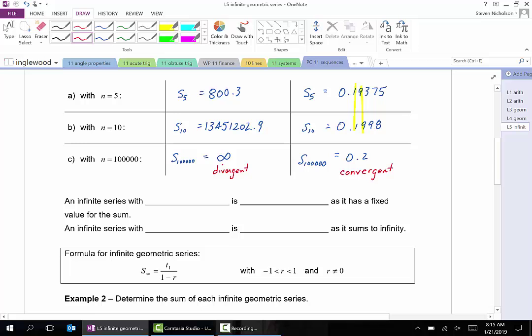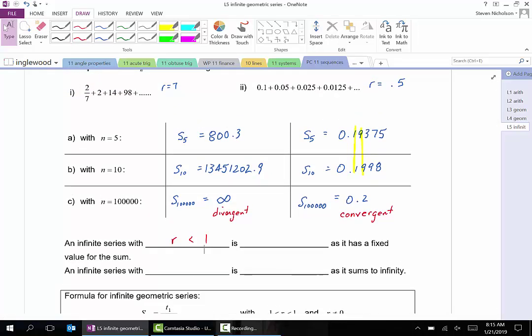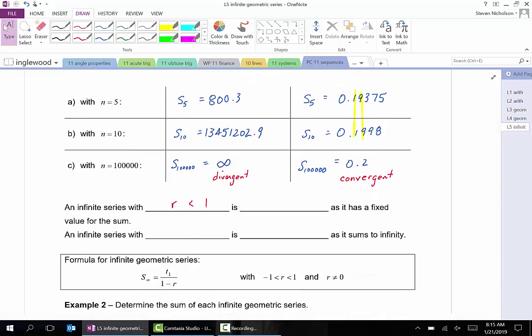And what you might notice is when r is less than 1, as in this one up here, when r is 0.5, and this is just one example, but it will be true. When r is less than 1, the series is convergent.